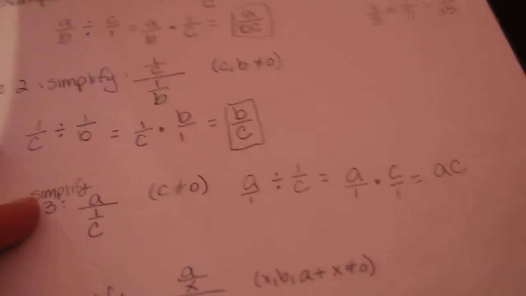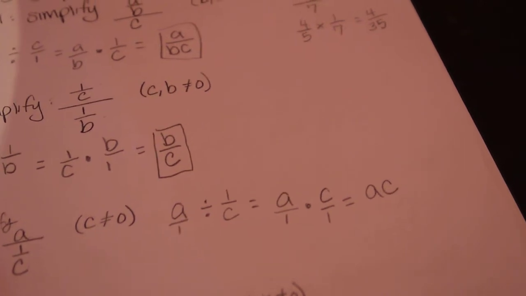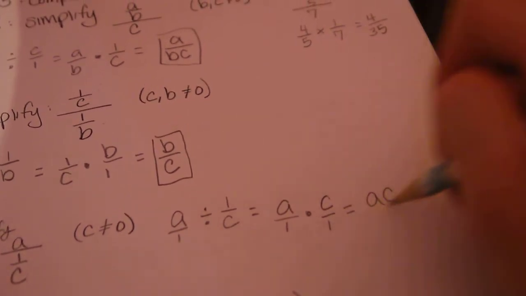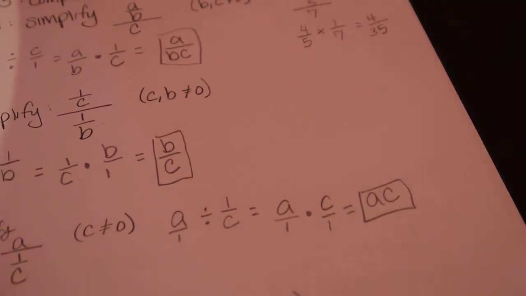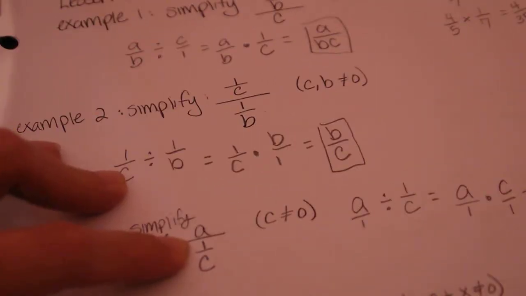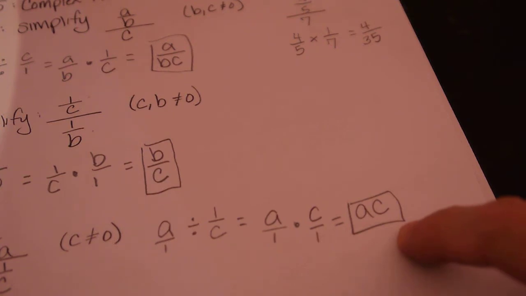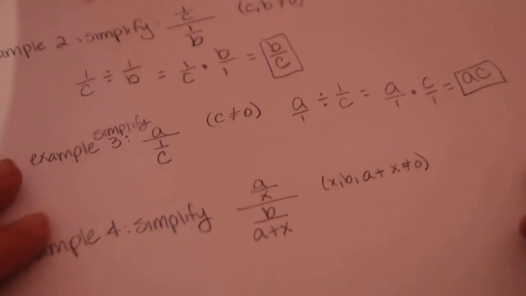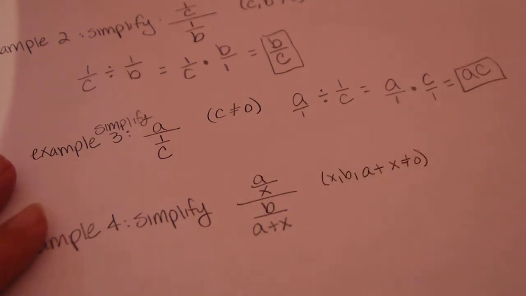We could put over 1, but that would be extra, so we don't need to. So this complex fraction can be simplified down to something so basic, AC.